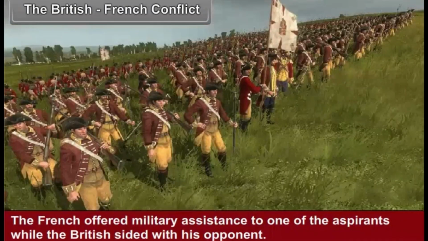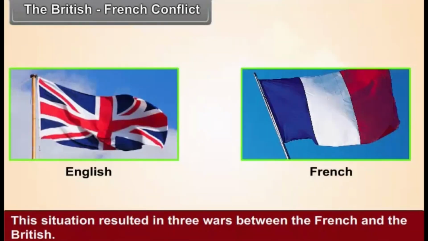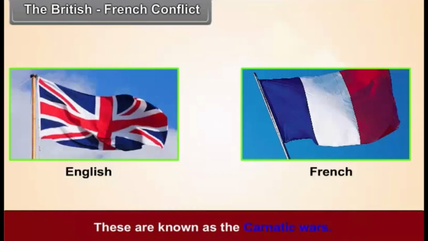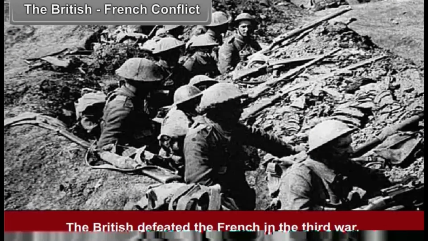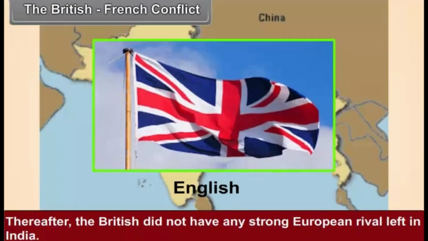The French offered military assistance to one of the aspirants, while the British sided with his opponent. This situation resulted in 3 wars between the French and the British. These are known as the Carnatic Wars. The British defeated the French in the Third War. Thereafter, the British did not have any strong European rival left in India.